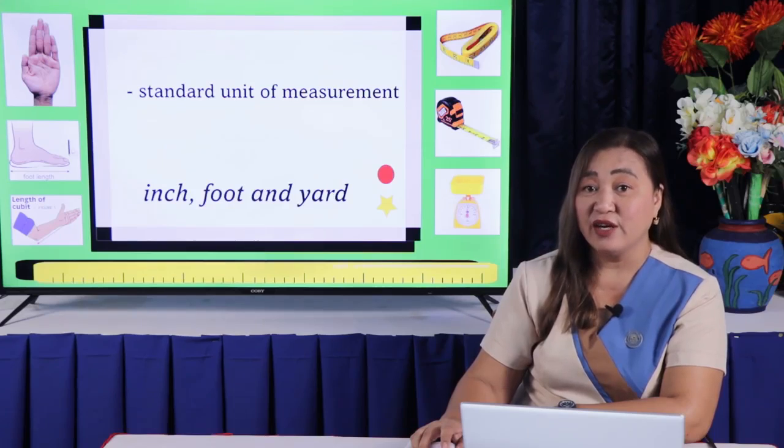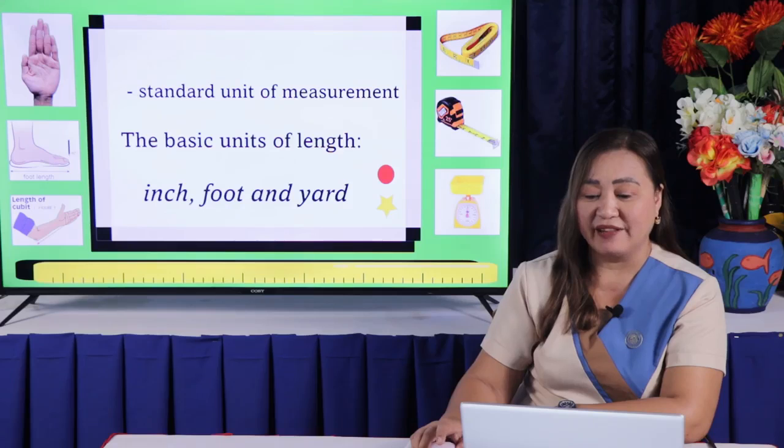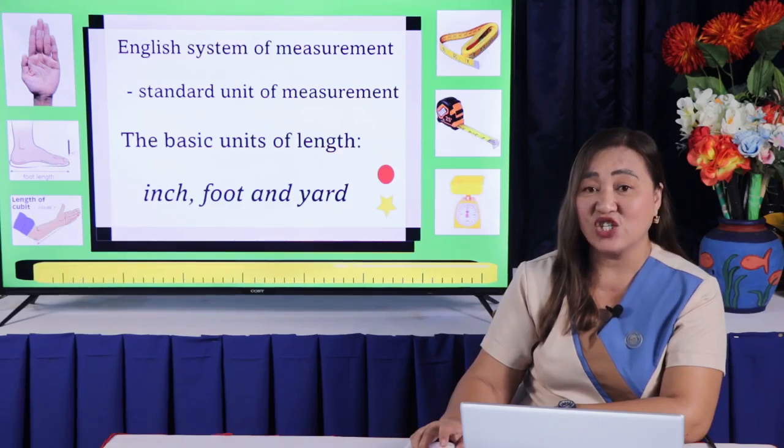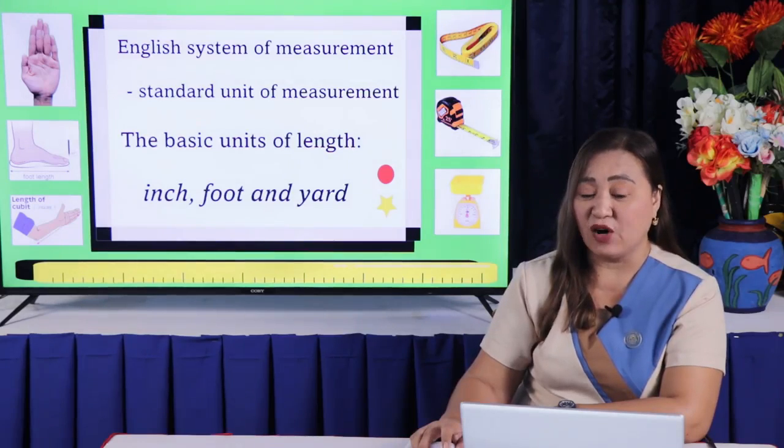The inch, foot, and yard became the basic units of length in the English system of measurement. This system of measurement also includes units for mass, volume, time, temperature, and angle. Since the inch and foot are both units of length, each can be converted into the other.